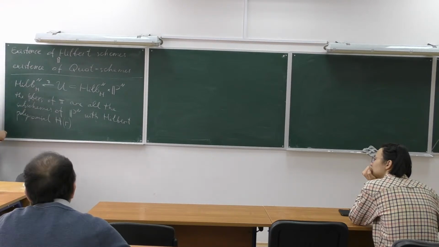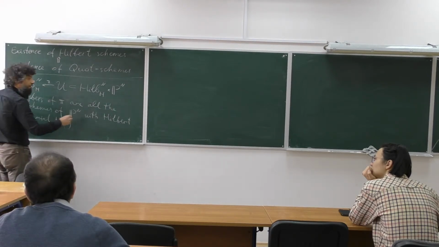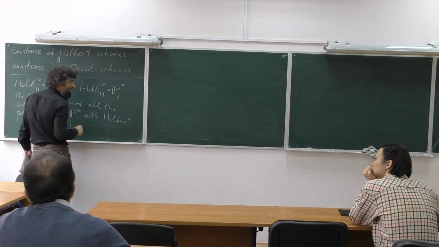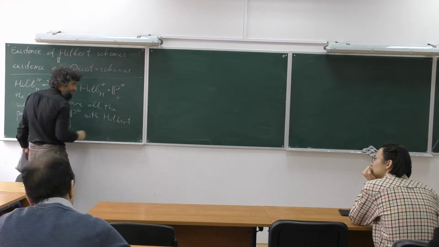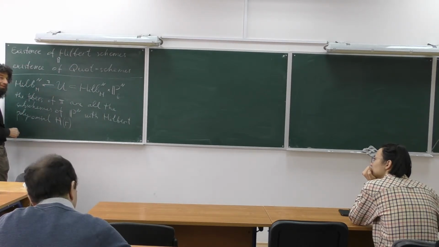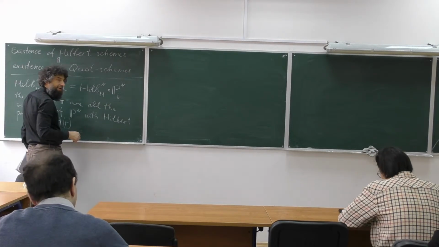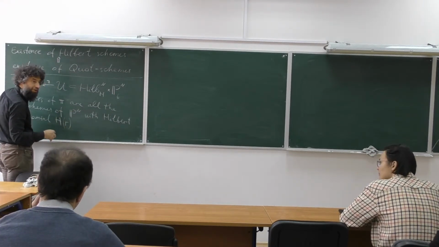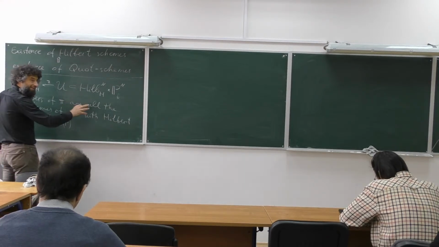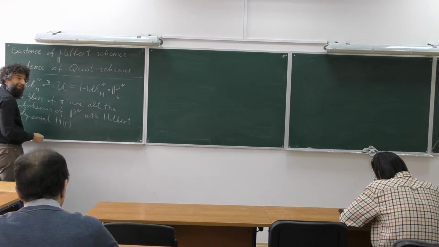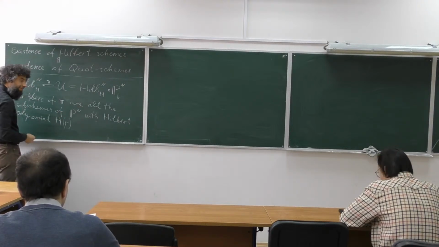So, we're going to work over our beloved algebraically closed field K. Though when we prove this theorem, it will be proved in much bigger generality over an arbitrary base scheme. But at least for the starter, we can consider this ground field K.